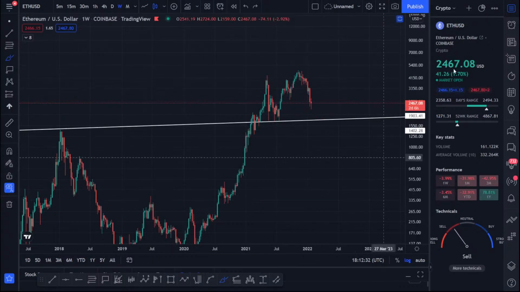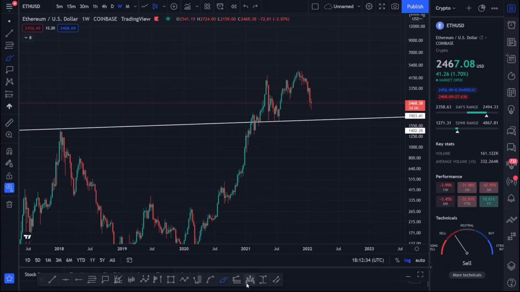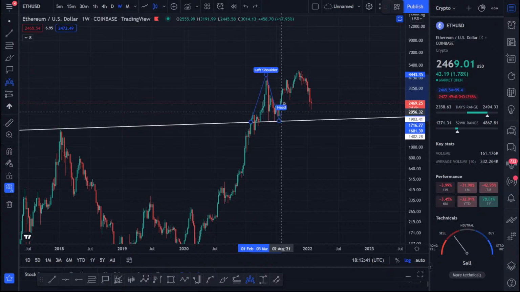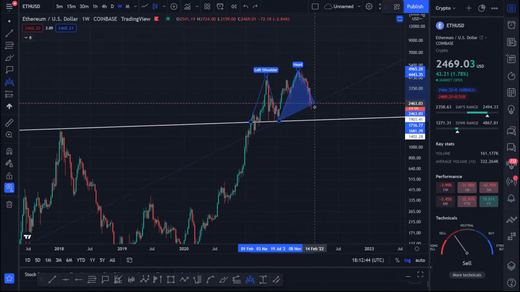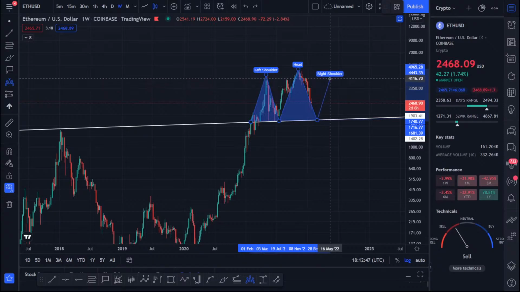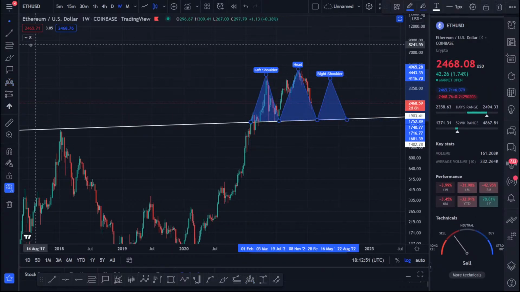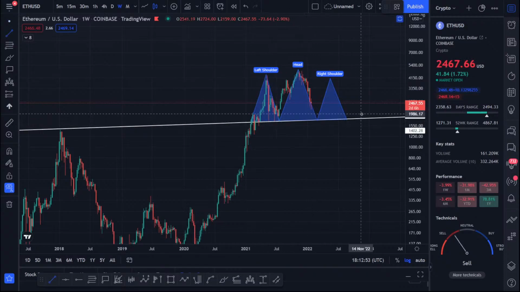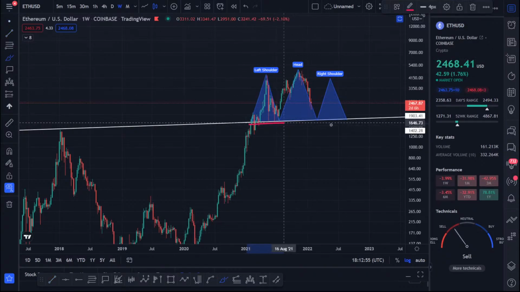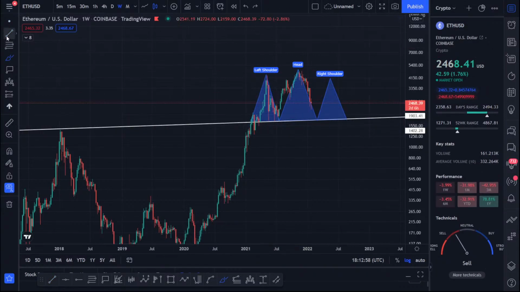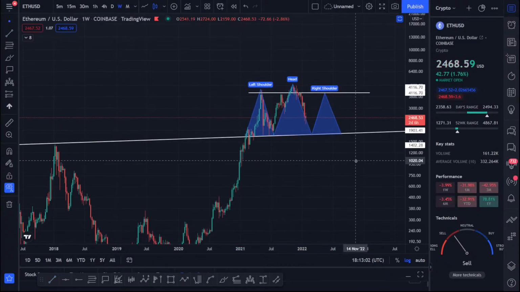Because if you look at this, let me show you, right over here. This can be considered as the left shoulder, this can be considered as the head, and then a potential right shoulder. Potential. Now, this can be the neckline right over here, and we can have a resistance right over there.